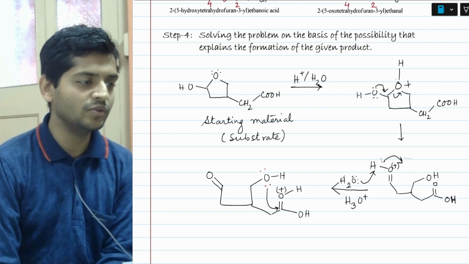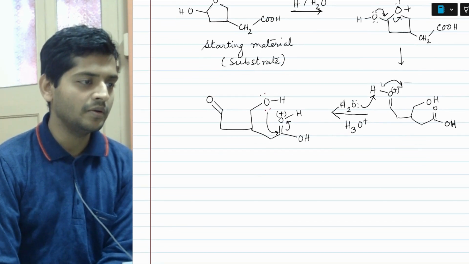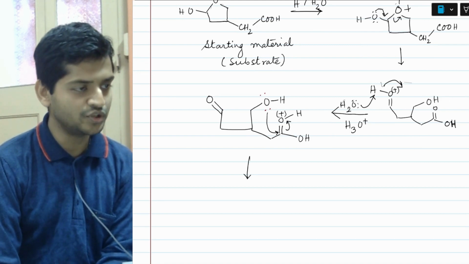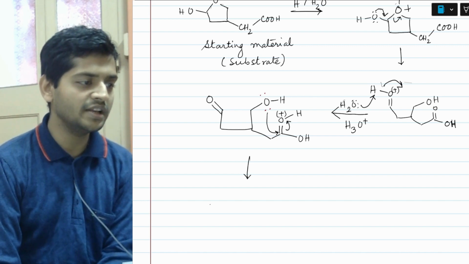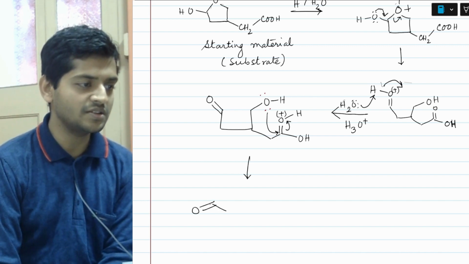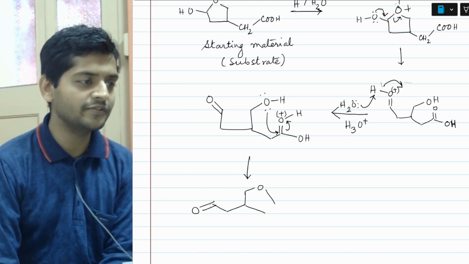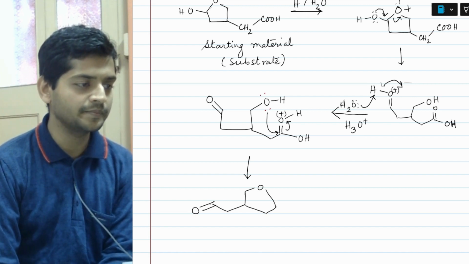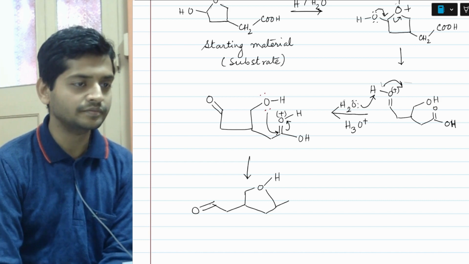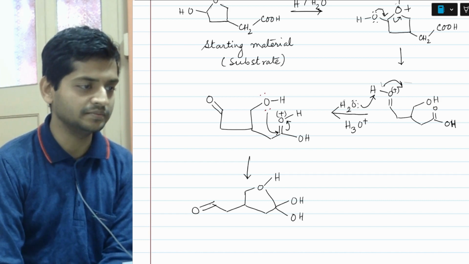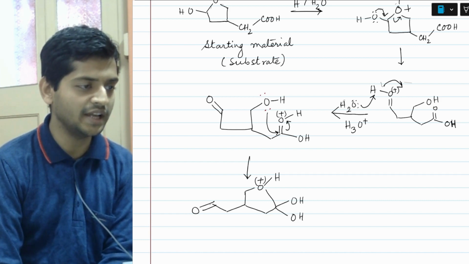So it will form a lactone ring, a 5-membered lactone, and the hydroxyl oxygen can push its electron on the electrophilic carbon. This is also an electrophilic carbon because it is attached to an oxygen which has a positive charge, and therefore it will pull the electrons and it will form a lactone ring, a 5-membered lactone ring like this.